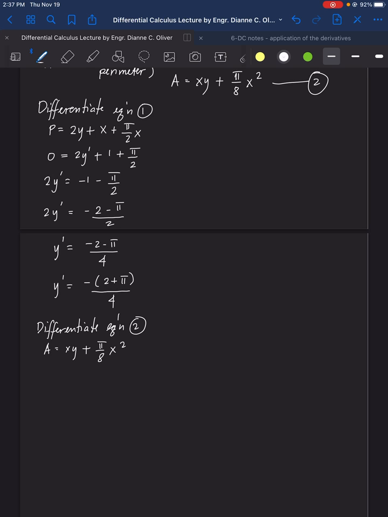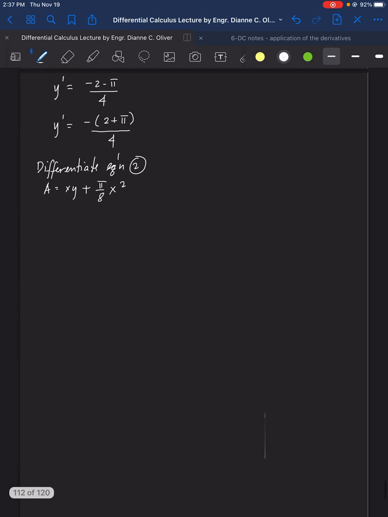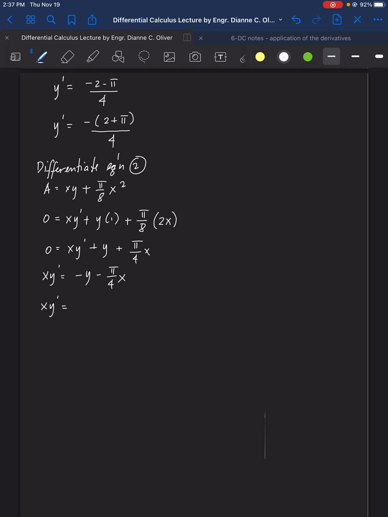Since the area is constant, from the problem A is constant, therefore we have 0 equals x y prime plus y times 1 plus pi over 8 times 2x. 0 equals x y prime plus y plus pi over 4 x. So x y prime is equal to negative 4y minus pi x.